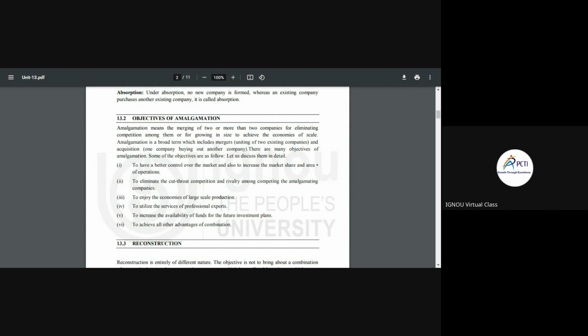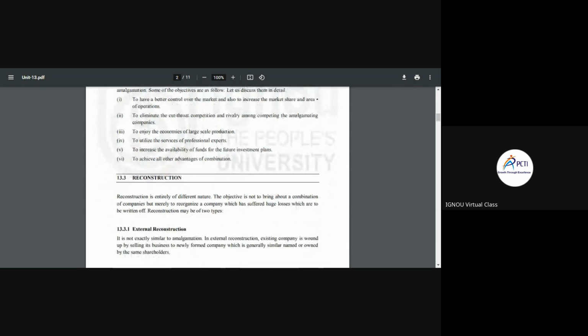Second, to eliminate cutthroat competition and rivalry among the amalgamating companies. Third, to enjoy the economies of large scale production. Fourth, to utilize the services of professional experts. Fifth, to increase the availability of funds for future investment plans. Next, to achieve all the advantages of combination.